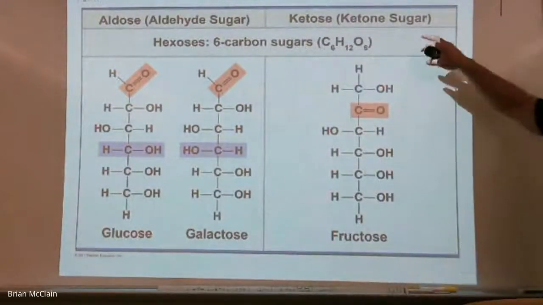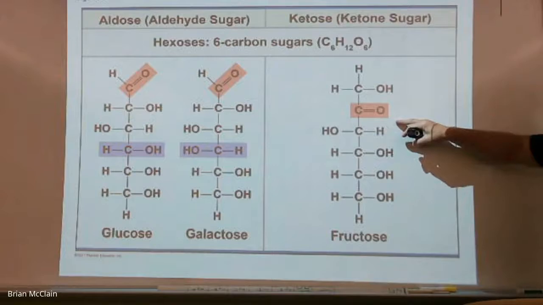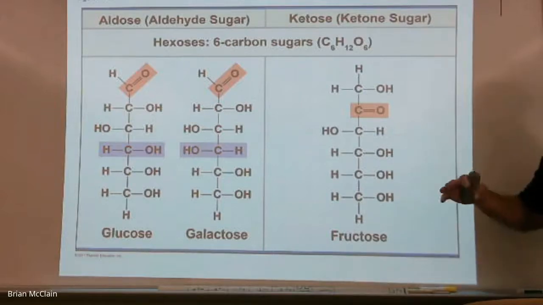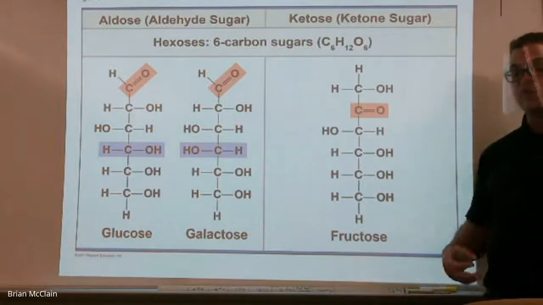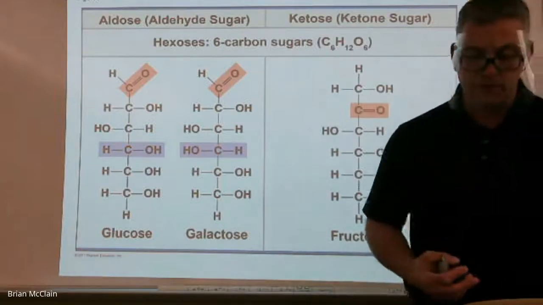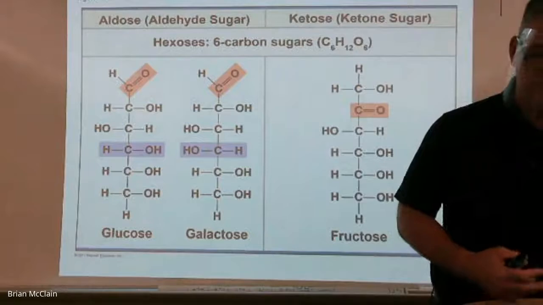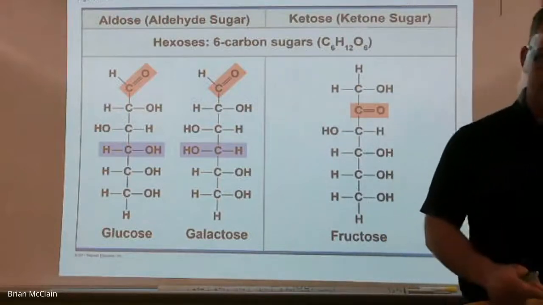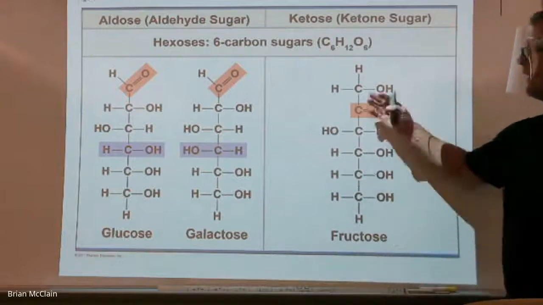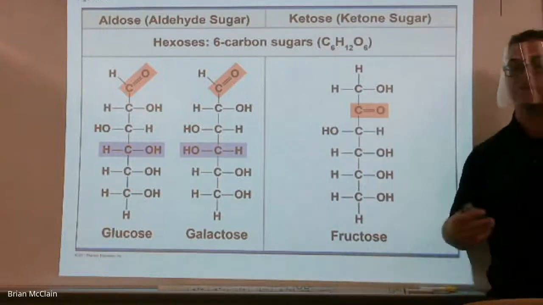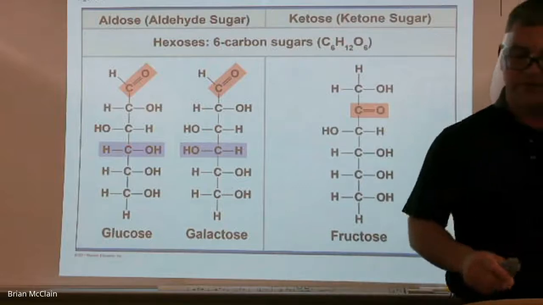The one that stands out looking significantly different when we look at the ring structure is fructose, okay? Usually, for the most part, we tend to look at things when they are in a ring, because that's typically what's going to end up happening in a water-based environment, which is what we see for most of those things.